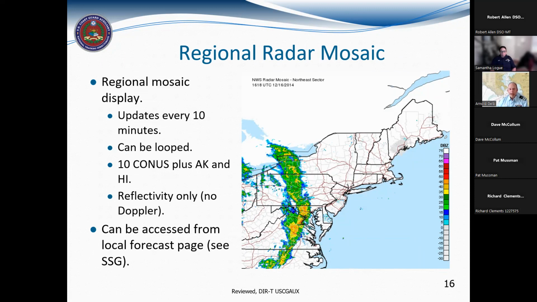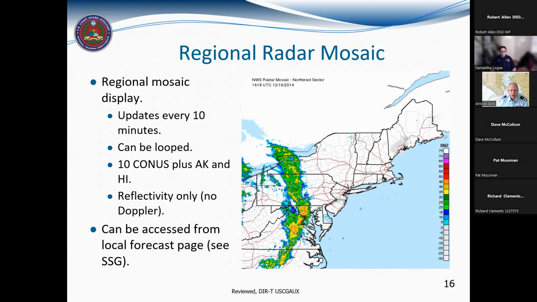As far as regional radar, this is a mosaic display. There's an update every 10 minutes. It can be looped. It includes 10 CONUS sectors, and CONUS stands for contiguous United States, as well as Alaska and Hawaii.